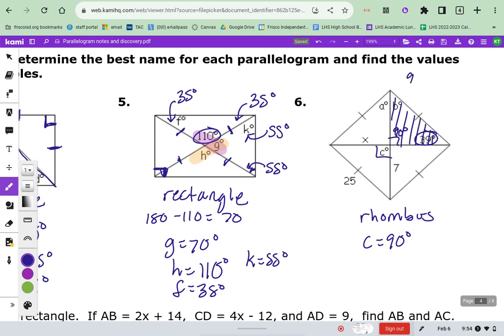So 90 plus 39 plus B equals 180. Which means B is 51. Which means I can also solve for A, because in a rhombus, diagonals bisect angles. So A and B should be congruent. So A is also 51 degrees.